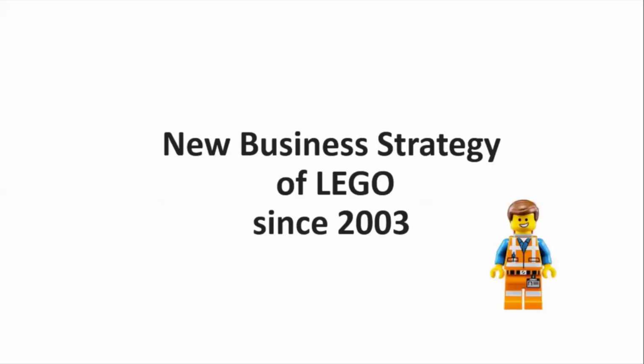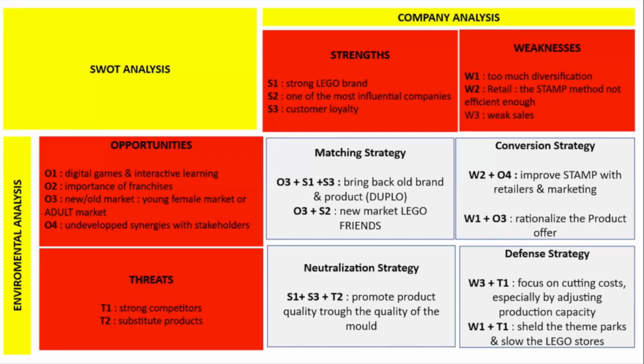So first, let's move to the strategy of Lego. To better understand the new Lego strategy, I would like first to turn my attention to a SWOT analysis. If we look at the internal point of view here, with the company analysis with strengths and weaknesses, and after that we move to the external one.